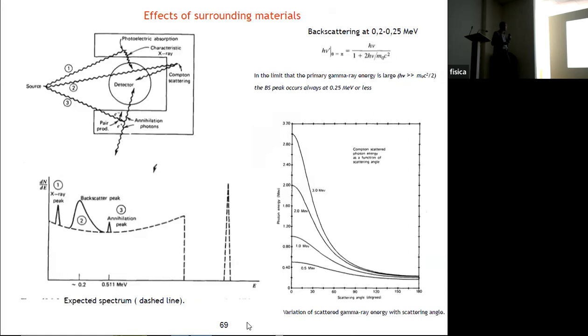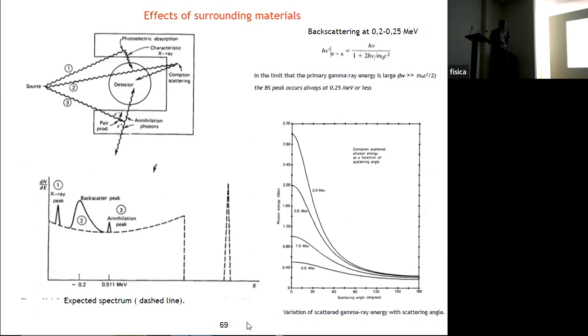There are some other effects which can happen in the detector, because the detector is usually surrounded by some sort of materials, for example, shielding, and there can happen, for example, such events like backscattering. This is the process when the gamma ray can scatter from the surrounding materials and come back to the detector.